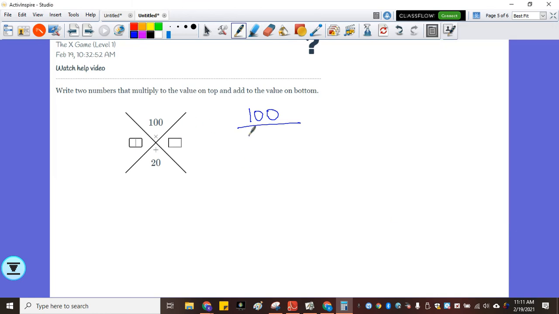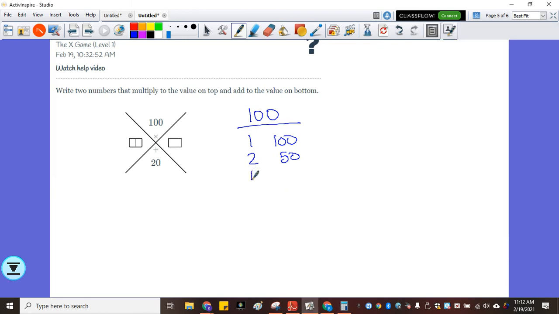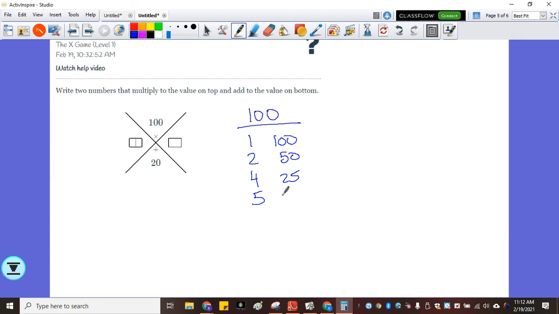Nice. 1 and 100. 2 times 50. I'm just going to write it out for my people at home. 3 is a decimal. 4, 25. 5 and 20.